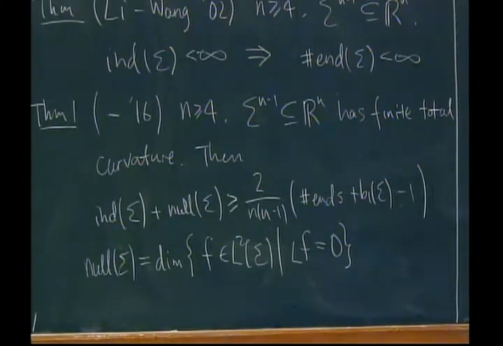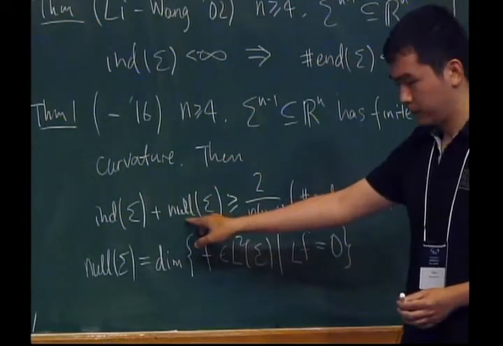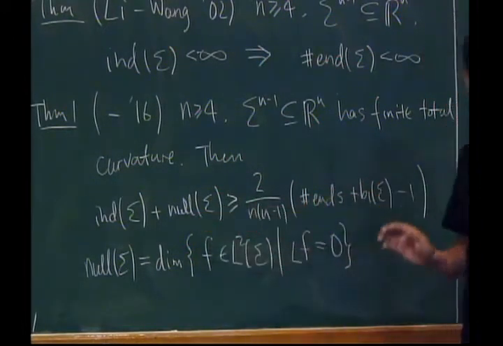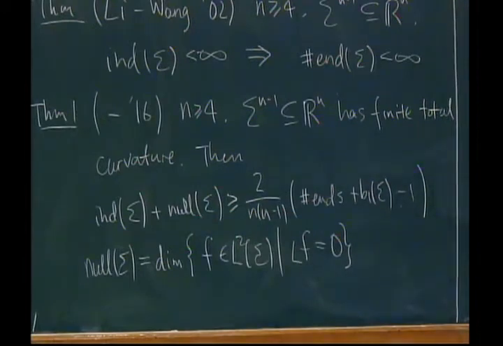Now, of course, the nullity term here turns out to be quite subtle in many technical applications of such an estimate. So, of course, I tried very hard to eliminate this nullity term in the inequality. But I can only do that for now in one case. That is when the dimension n is 4 precisely.